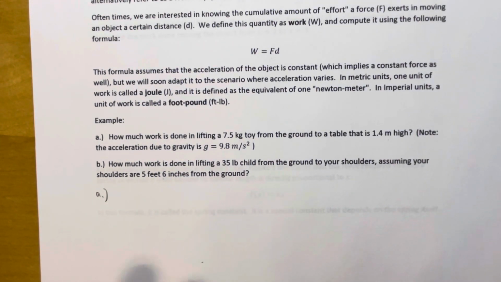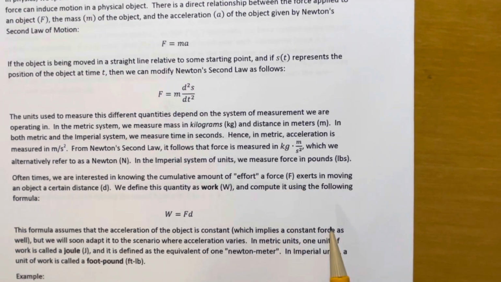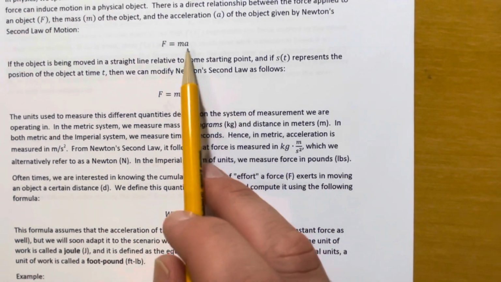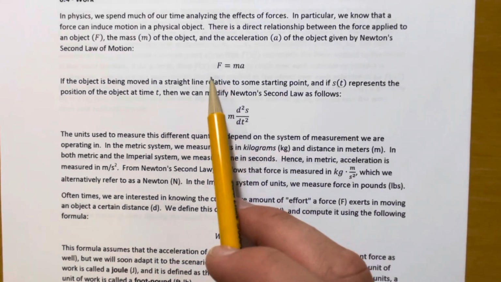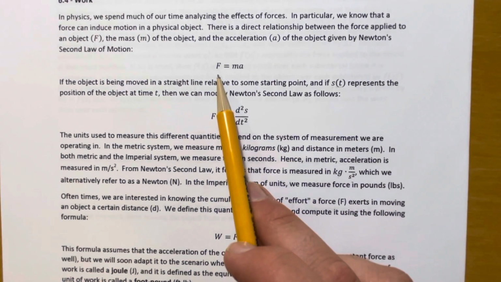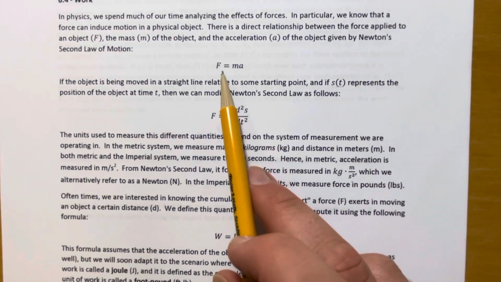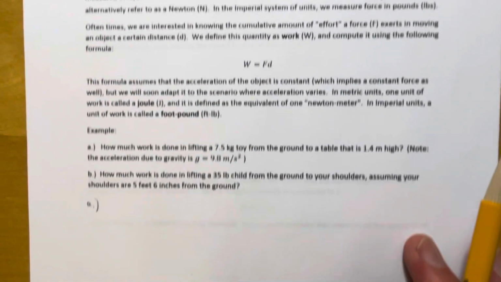We're looking for something that would be measured in newtons, right? Which again, remember, newtons is the same thing as kilograms times meters per second squared, or a more helpful way to think of that is just to remember F equals m times a. I need to find the force that I have to apply on this object to lift it the distance given in that example, and that force will be equal to mass times some acceleration.